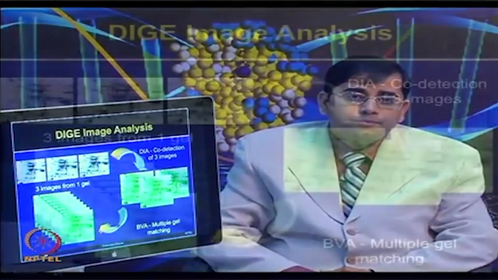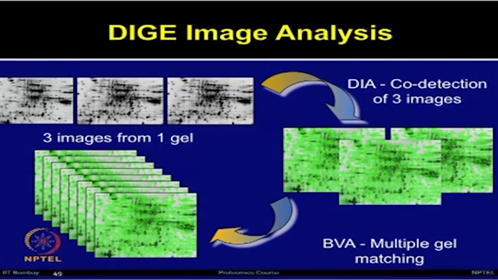From your one gel you have obtained 3 images now, and those can be further analyzed by using DIA, the co-detection of 3 images. I am talking about a software, DeCyder, which takes these 3 images into account and makes one image pool from it by the process of DIA.